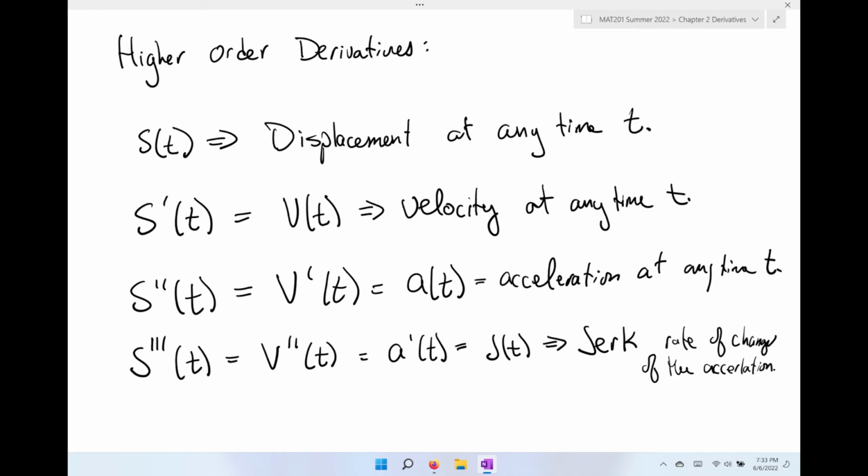But then we're going to be doing a lot of word problems, and within those we're going to be seeing this relationship come up a lot: displacement, velocity, acceleration. So make sure that you know all of these relationships. The derivative of displacement is velocity, the derivative of velocity is acceleration, and the derivative of acceleration is a jerk. We really don't see the jerk too much.